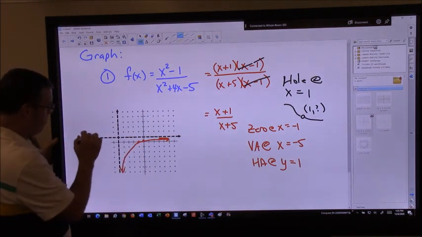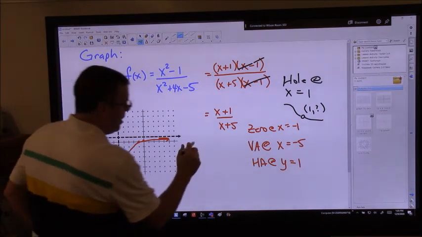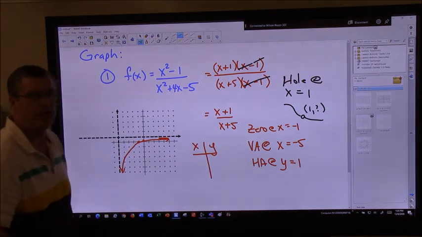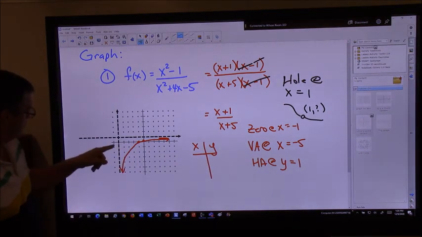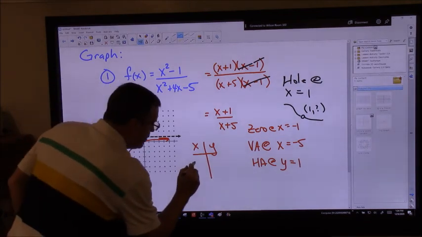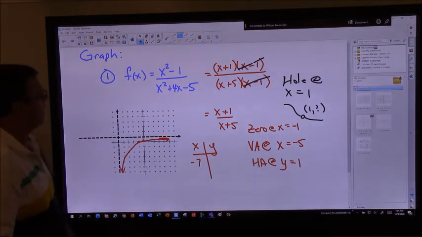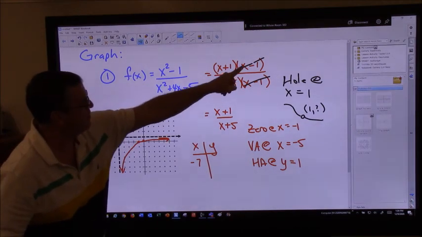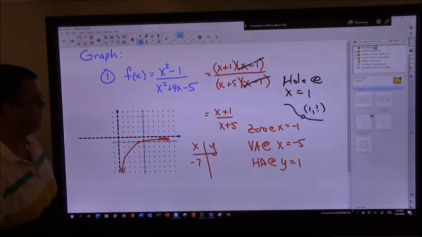But, you know, if I want to make sure I'm getting this in about the right spot, well, then maybe I should make an XY table and just plug a number in and check. So let's see, this is at -5, that's -6. Let's just go -7. I'm going to plug a -7 in. And I'm not going to plug it into this equation. I'm going to plug it into the one where I had canceled the x minus 1s.